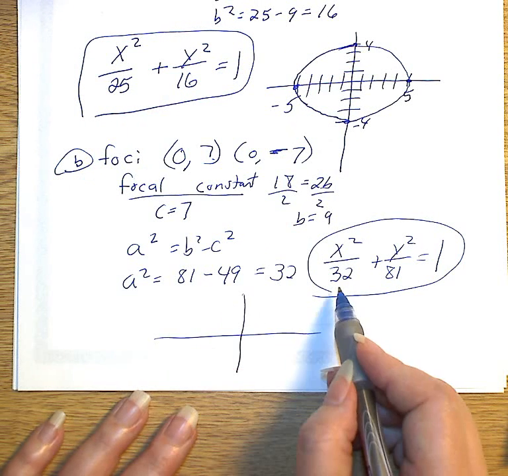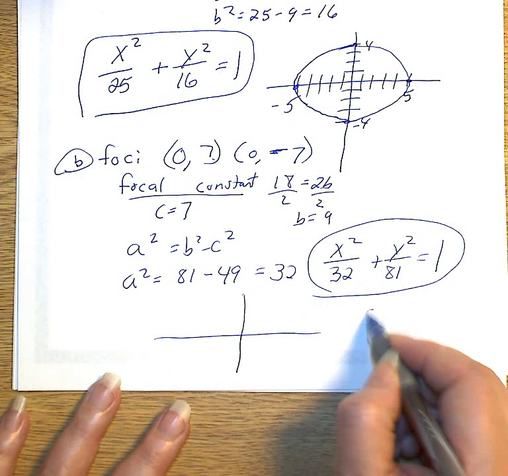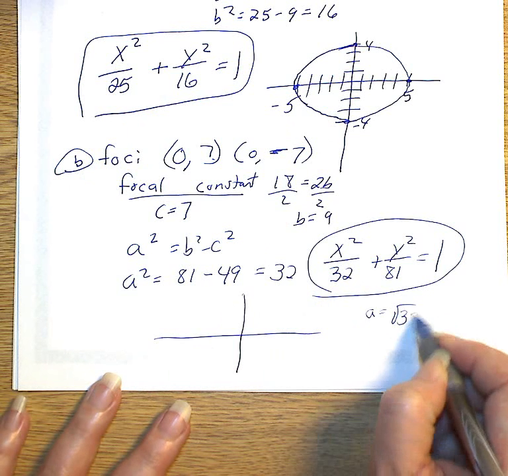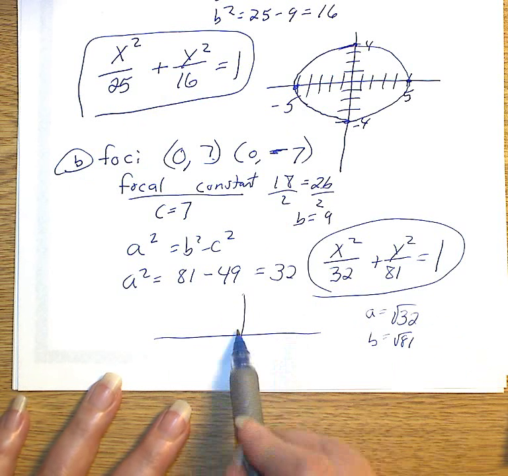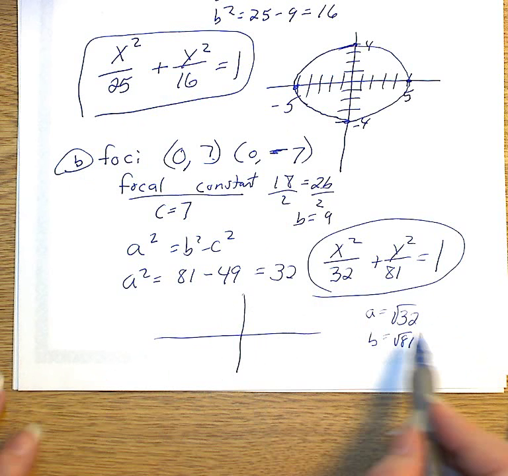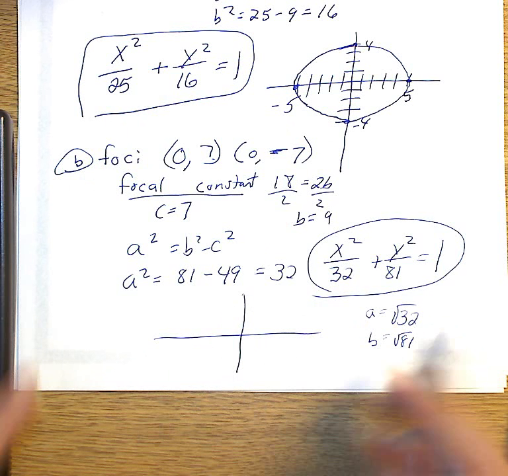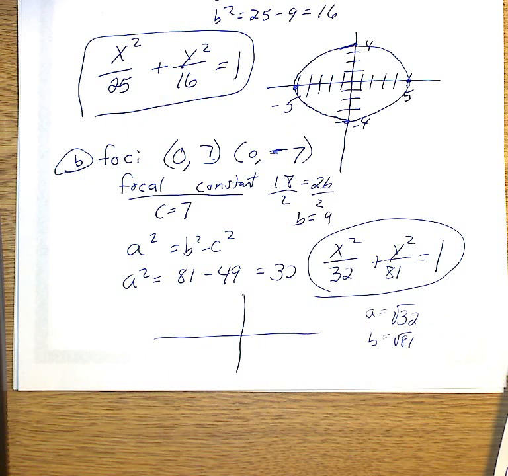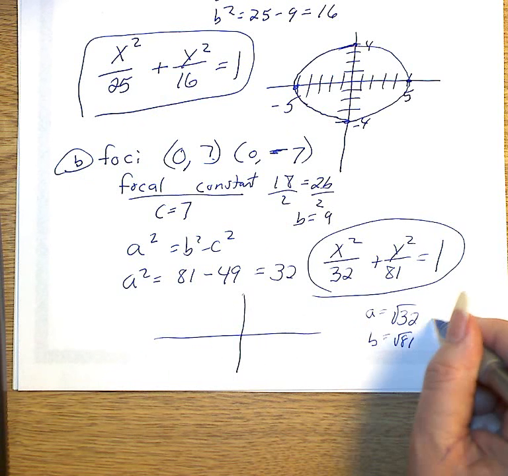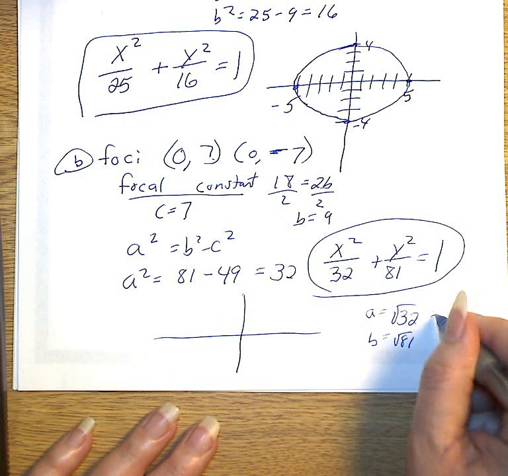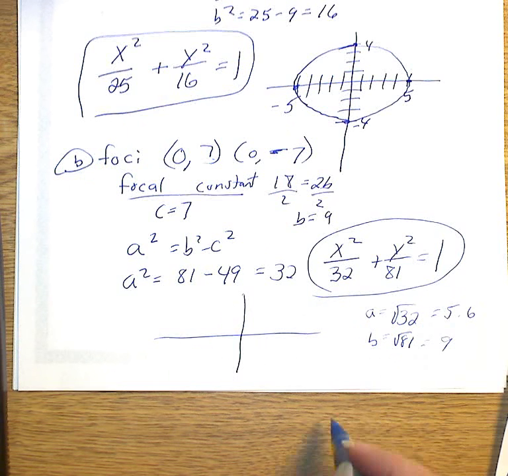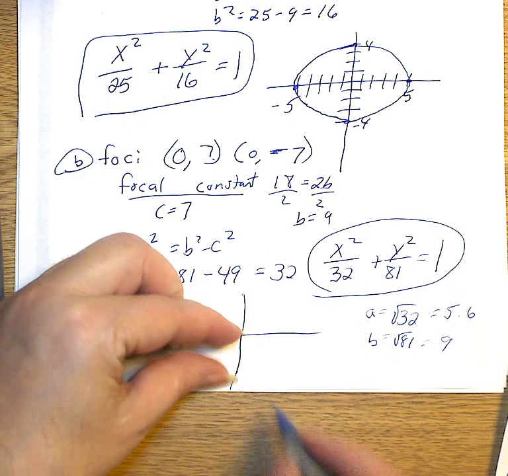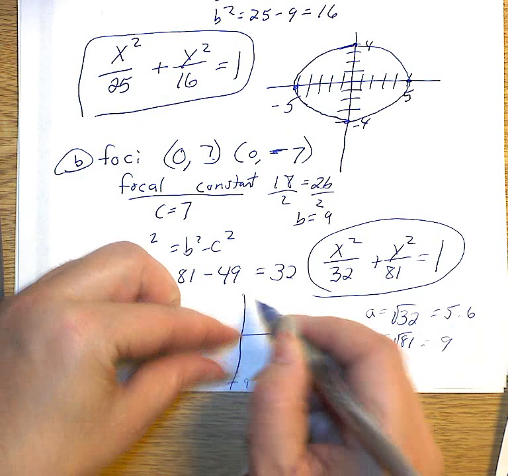I do the square root of 32 for a, so a is equal to the square root of 32, and b is equal to the square root of 81. Remember, a is on your x and b is on your y. The square root of 32 is 5.6, and this one is 9. Because I'm running out of room, I'll call this 9 and this 9.